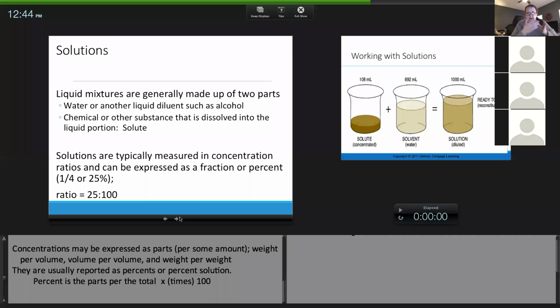Typically you add a little bit of Rescue to a bucket of water or a bottle of water to make a spray bottle. Normally the bottle will tell you, or your clinic will list formulas: to make up a bottle, put in this much; to make up a mop bucket, put in this much. Yeah, Rescue is very strong.